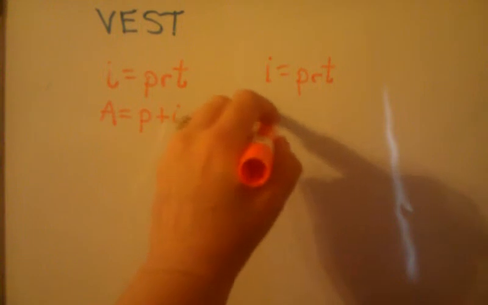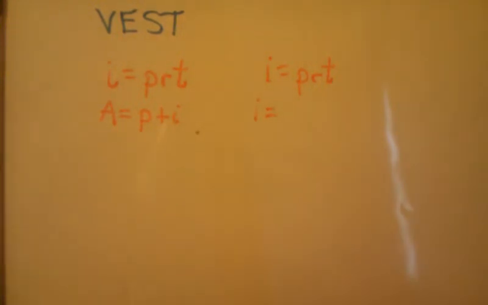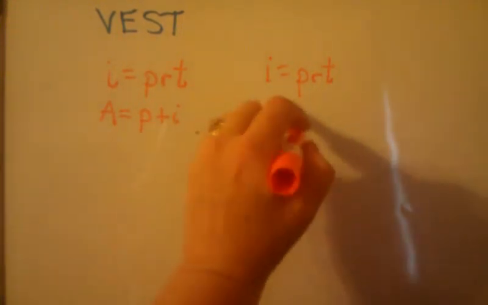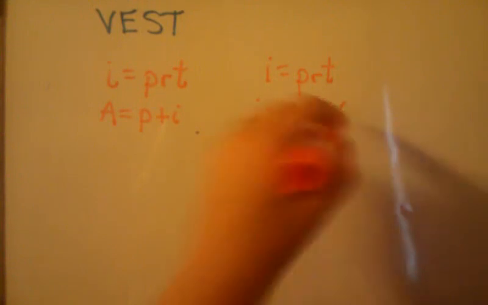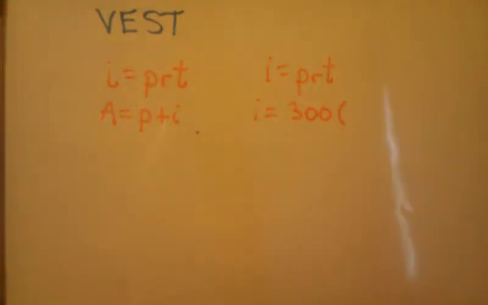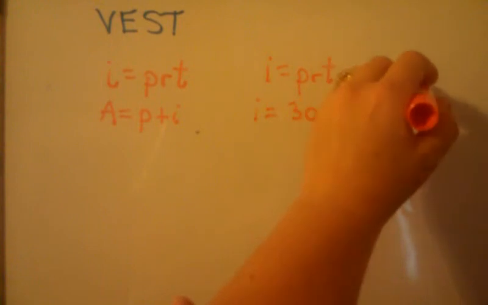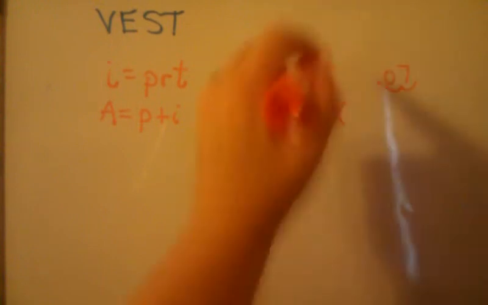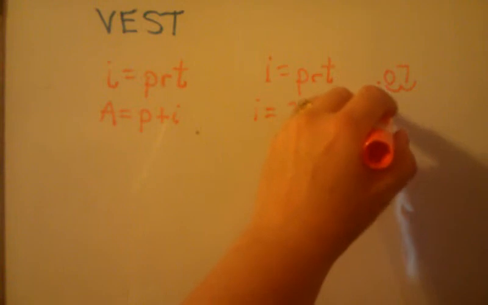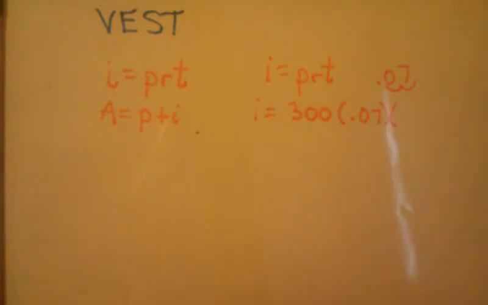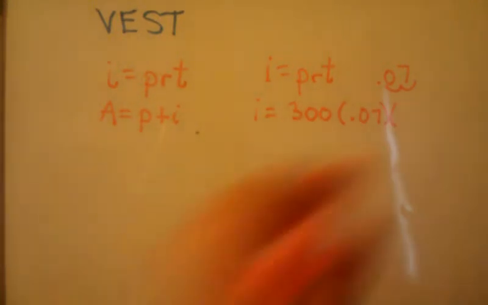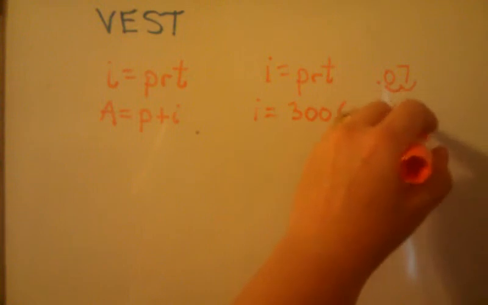I equals, P is 300. R is 7%. Now be careful. 7%, I have to change it to a decimal, so it's going to be 0.07, times time is 2.